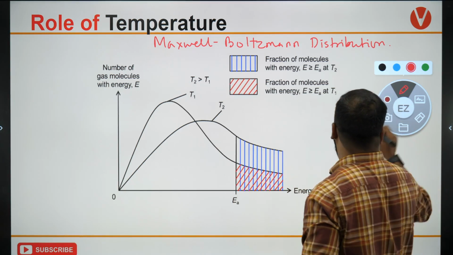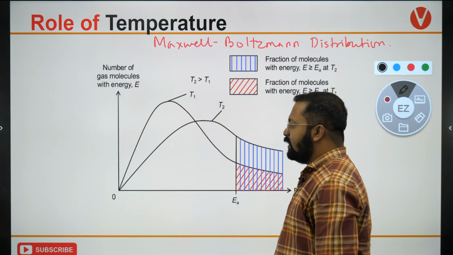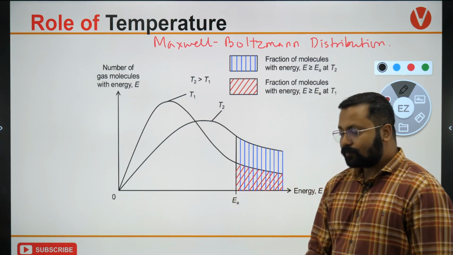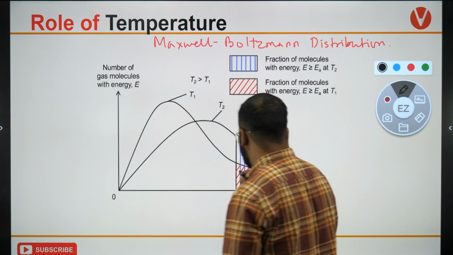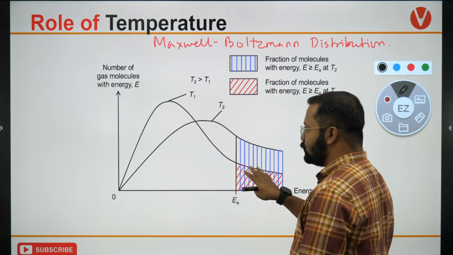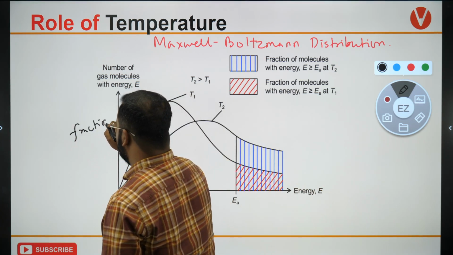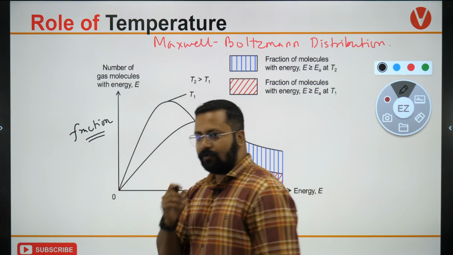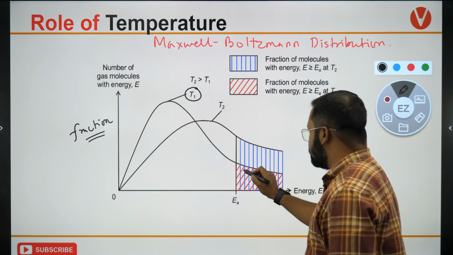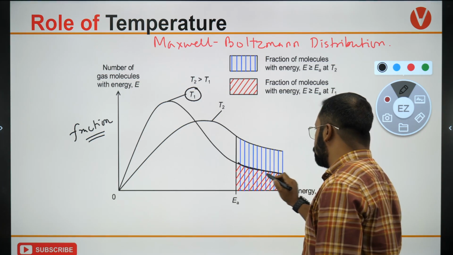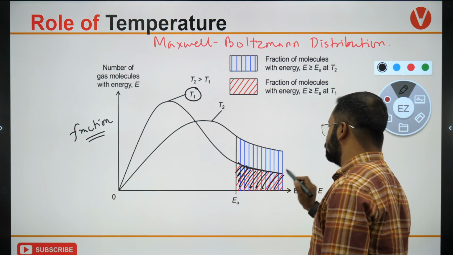So if you look at the distribution of energies at a given temperature, you will get these plots. Here is the fraction of molecules. Earlier, at a temperature T1, we were seeing that the number of molecules which have very high energy is very less.